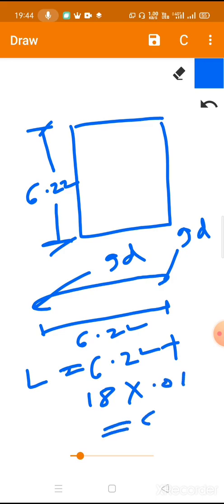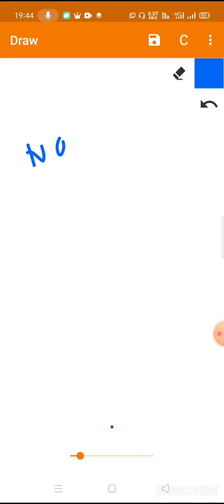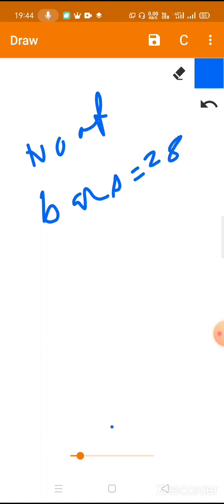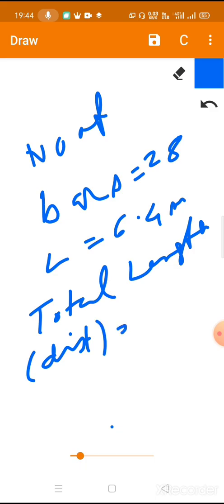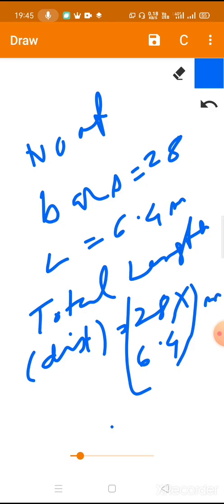This comes to be 6.4 meter. Total number of bars is 28 and the length of one bar is 6.4. So the total length of distribution reinforcement will be 28 into 6.4 meter. This comes to be 179.2 meters.